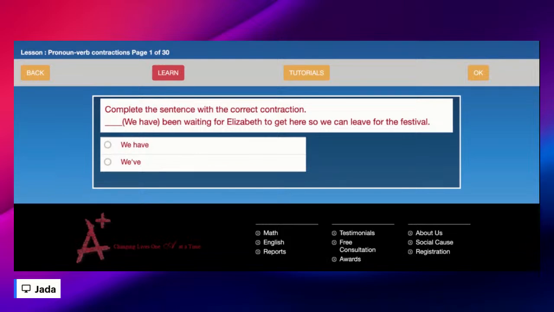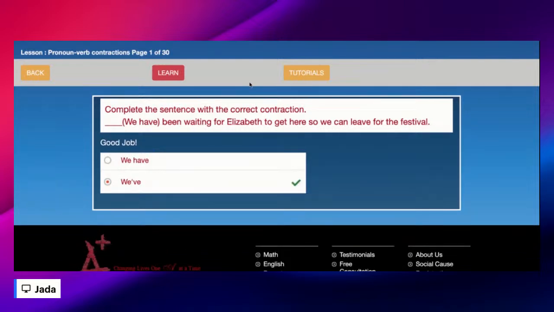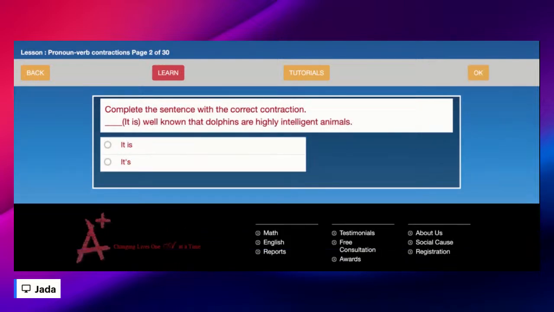We have option two, which is the correct contraction. Next: it is well known that dolphins are highly intelligent animals. What will be the correct contraction here?